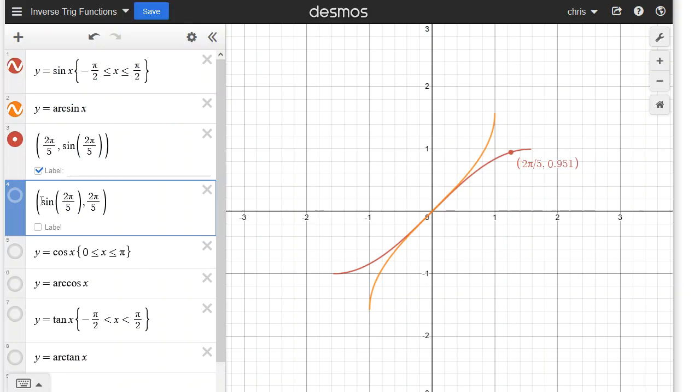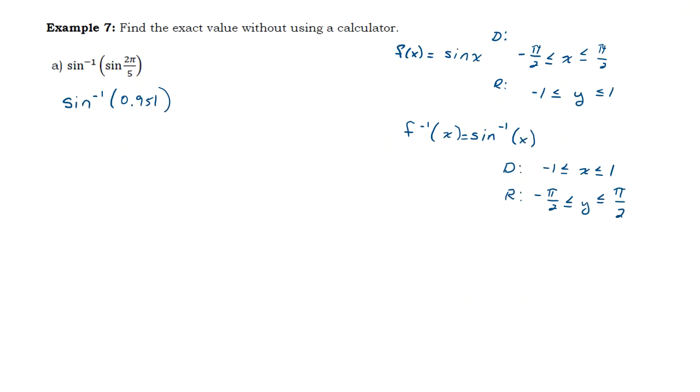If I take this output, which is 0.951, which is the sine of 2 pi over 5, the output is going to be 2 pi over 5 because these 2 points just have their x's and y's switched. So that means that this value here is 2 pi over 5.